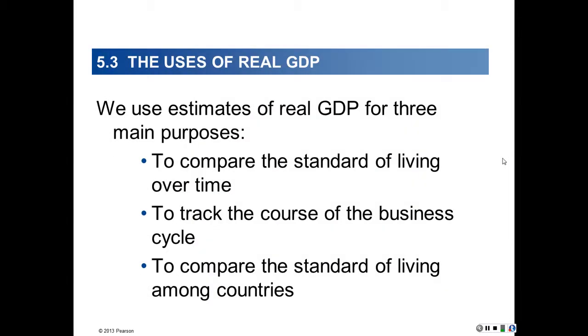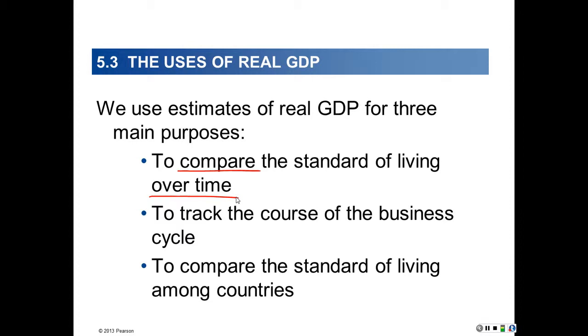Now, what are the uses of real GDP, of course? The main use is to compare over time. Because we know that nominal GDPs can't be compared. They are different currencies. So what we do with real GDP is we use it to compare GDP across time. So we can now say that, well, our economy is growing, for instance. We can say that by comparing real GDP this year to real GDP in the past.